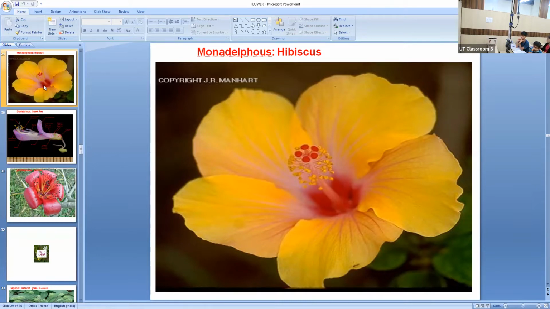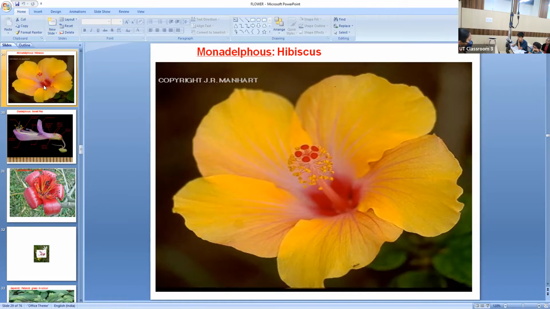In the thalamus region, the main reproductive part is in the center, and coming out from the center, they generally form one bundle, and then the anthers are here, and here, and here. So what is this? This is the bundle of the filament that we are talking about.